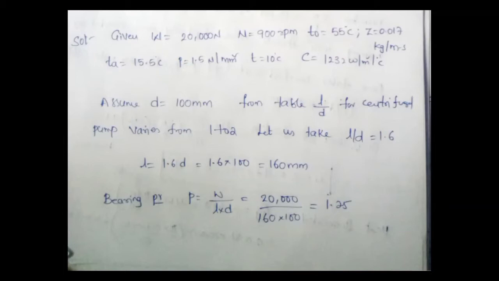What is the actual limit for a centrifugal compressor in your data book? Likewise, you have to choose, you have to select. You have to justify your assumption value. That is more important. You have to justify, right?